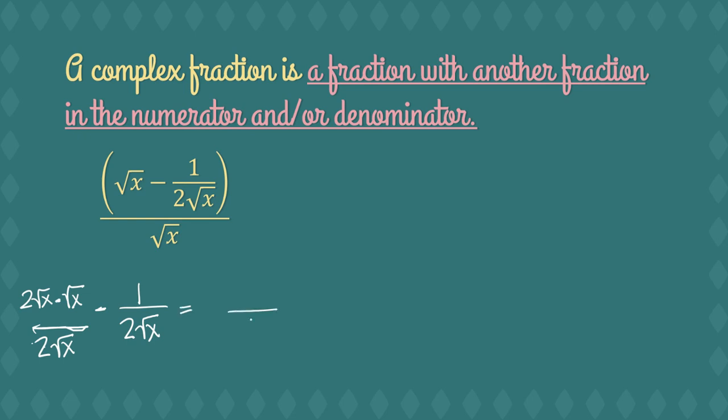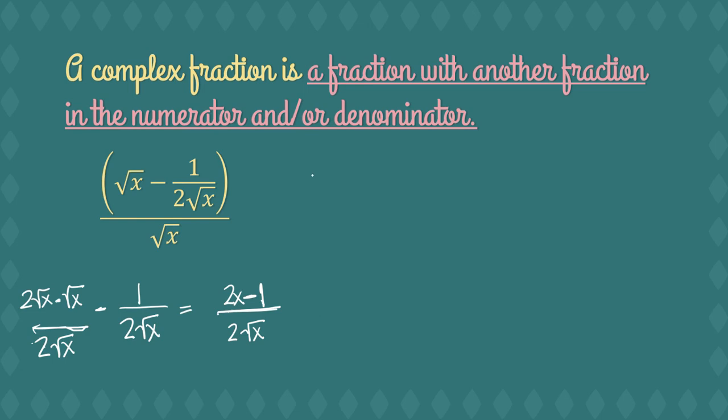Which gives me a denominator of 2 square root of x. And then on the top here, 2 square root of x times square root of x is 2x. And then minus 1. Okay, because square root of x times square root of x is just x. And then I have that 2 out front, which means I'm multiplying by 2.